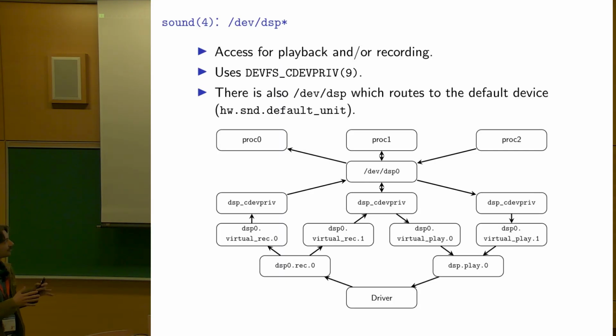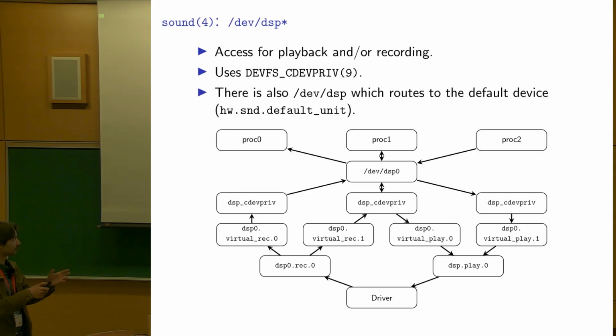So this is how the DSP thing works. When you access one of these devices, these are your processes, you access the device, and then using the cdev privdata framework, we can just assign channels to each device. So this one will go to proc 0, this one to proc 1, this to proc 2.